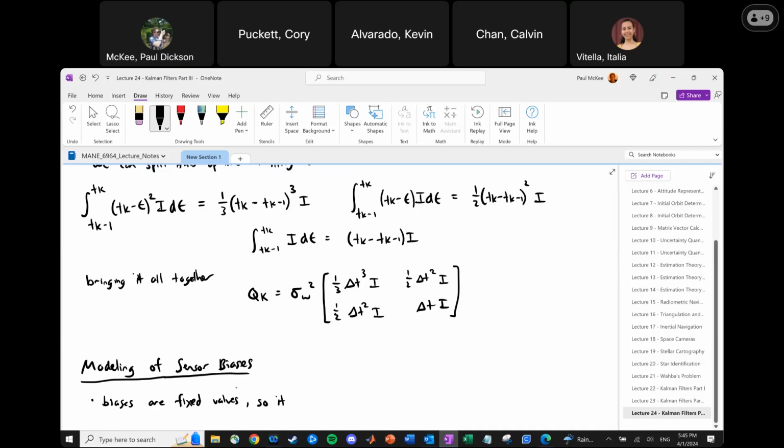So it will be tempting to model them as constants. Do not do this.